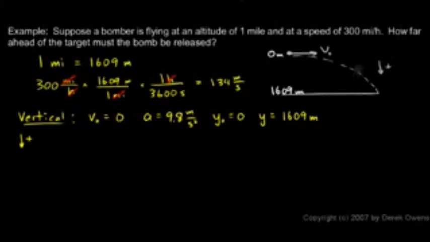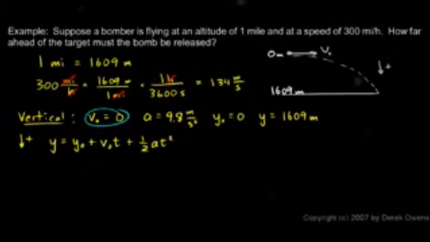So here's what we'll do now. y is y0 plus v0t plus 1/2 at squared. And because it was launched horizontally, the initial velocity was 0, so that ends up being 0. And the way we've set this problem up here, the initial position is 0 also.